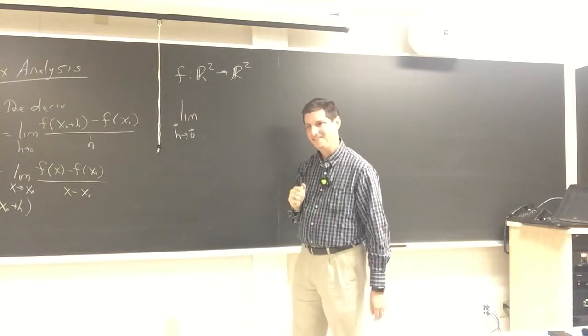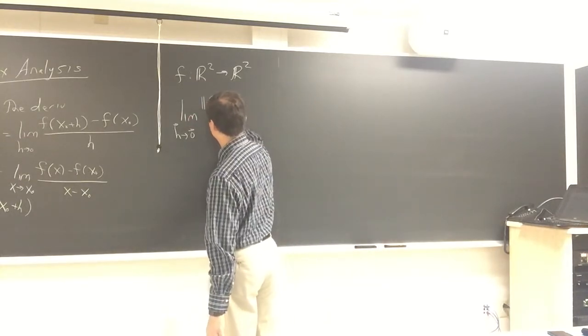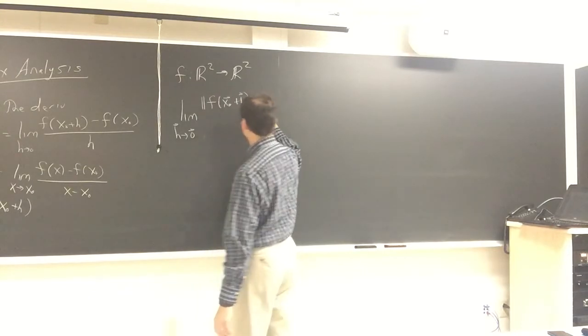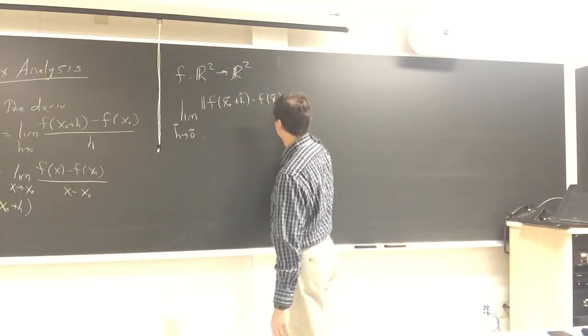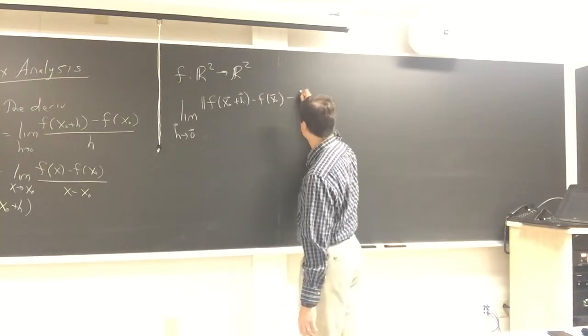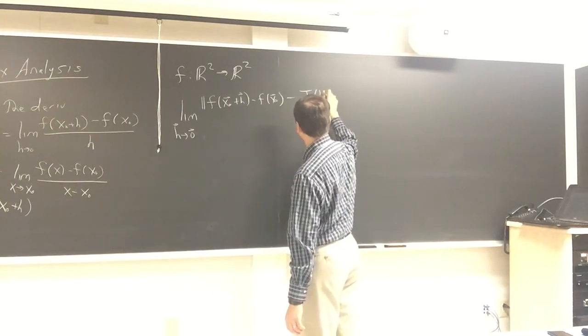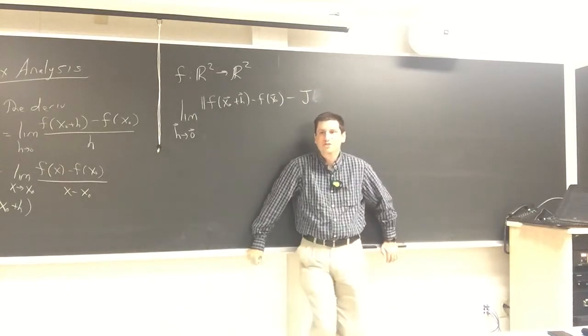So the magnitude of f of x naught plus h minus f of x naught minus j of... Is it h or x? Well, you gotta think. J of x naught.